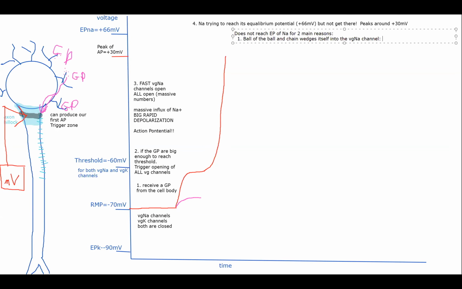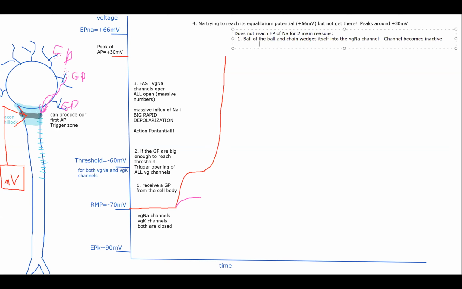And again, that means the channel becomes inactive. Remember, when the channel is inactive, even though the gate is open, sodium cannot flow through it.